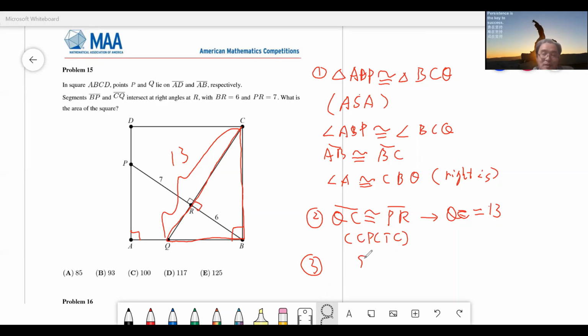The geometric mean theorem tells us 6 squared equals, if we call this segment x and this one y, x times y. And also x plus y equals 13. We just need to solve for x and y.